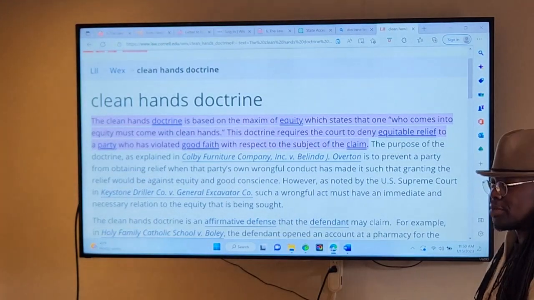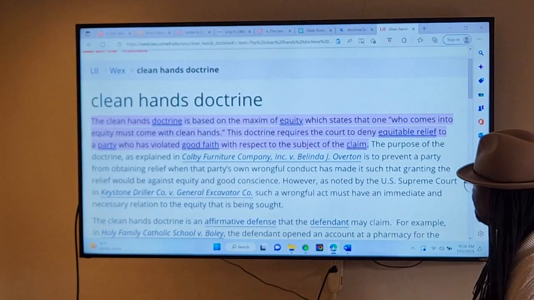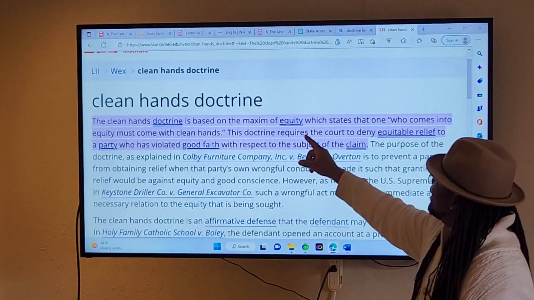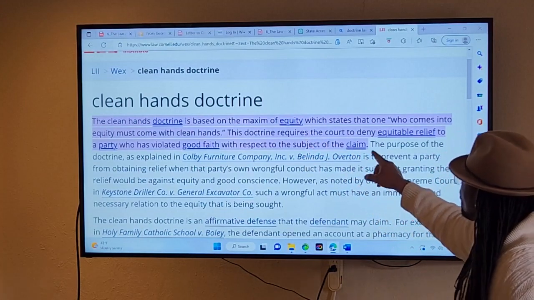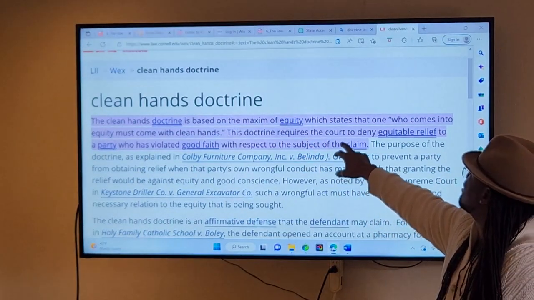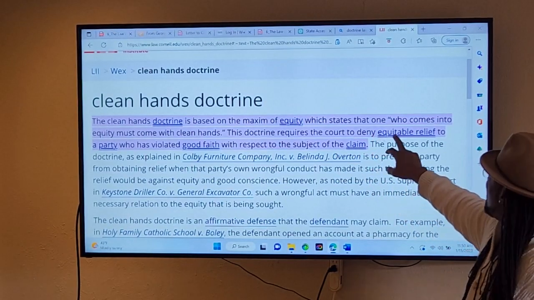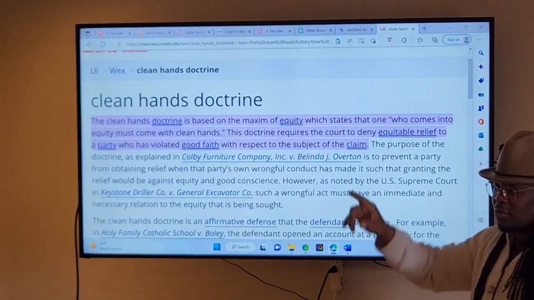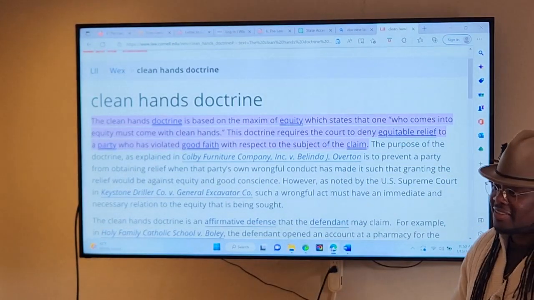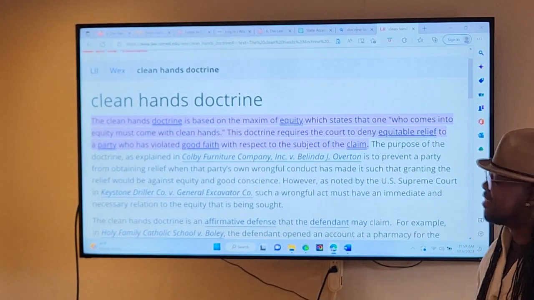Now, for our purposes, let's put this into context. This doctrine requires that the court, so the International Court of Justice, deny our equitable relief, which is what? Gaining the return of our estate.